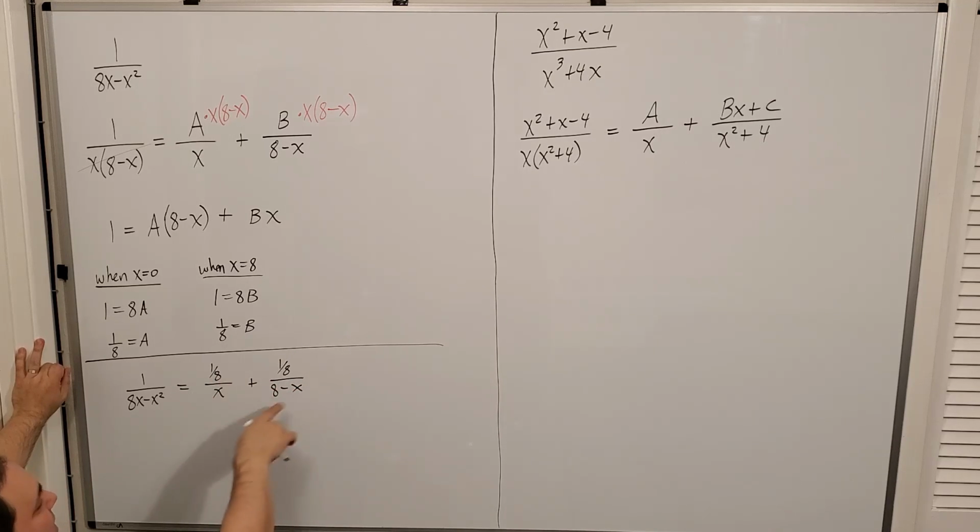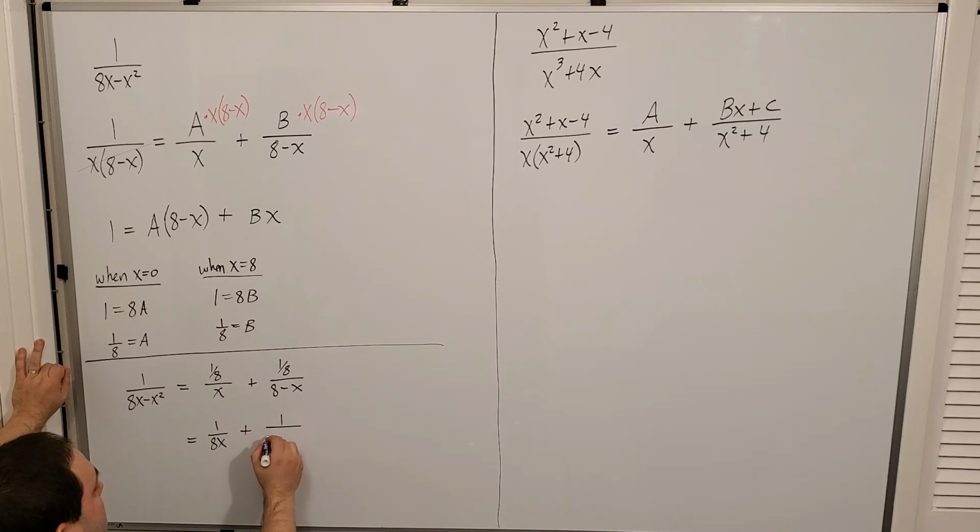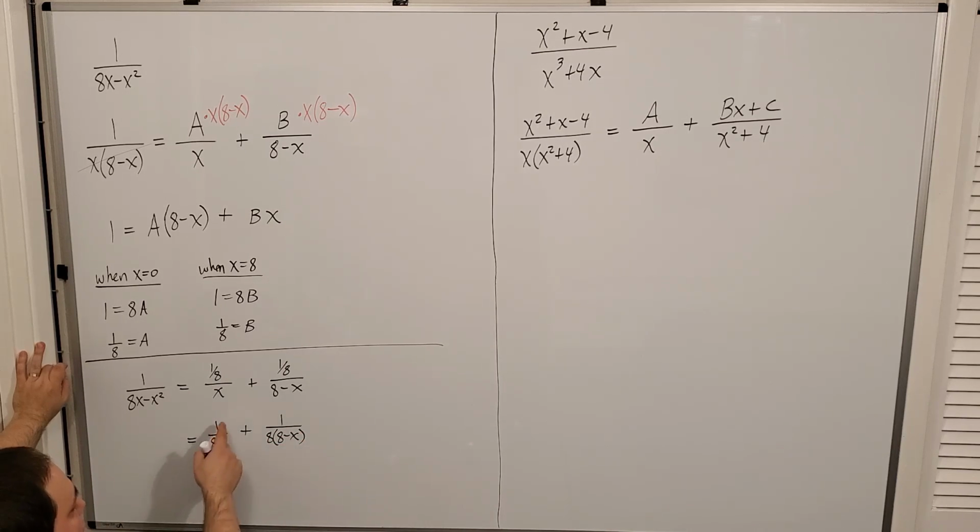But of course, you know, we can clean this up a little bit. Let's just call it what it is. That's 1 over 8x. And this is 1 over 8 times 8 minus x. Or if you wish, you can put the 1/8 out in front and make it 1/8 times 1 over x and 1/8 times 1 over 8 minus x. That works too.